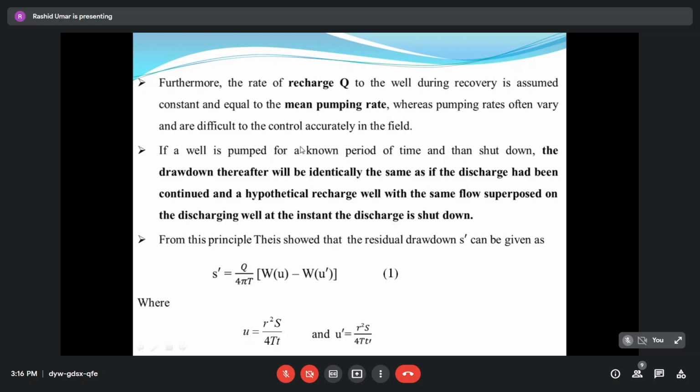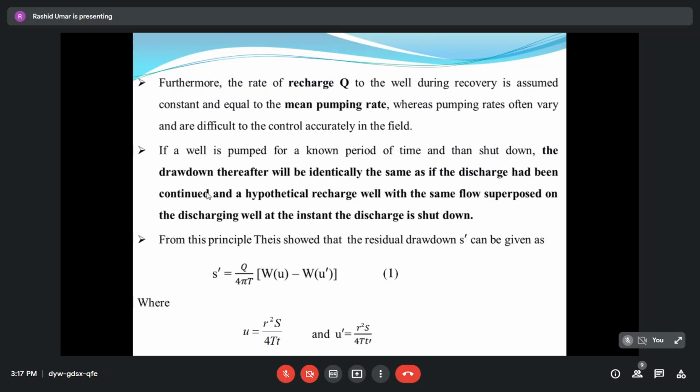If a well is pumped for a known period of time and then shut down, the drawdown thereafter will be identically the same as if the discharge had been continued. This is the theory when Theis developed it, that if you stop pumping the drawdown should continue, but it is not there, it is rising.